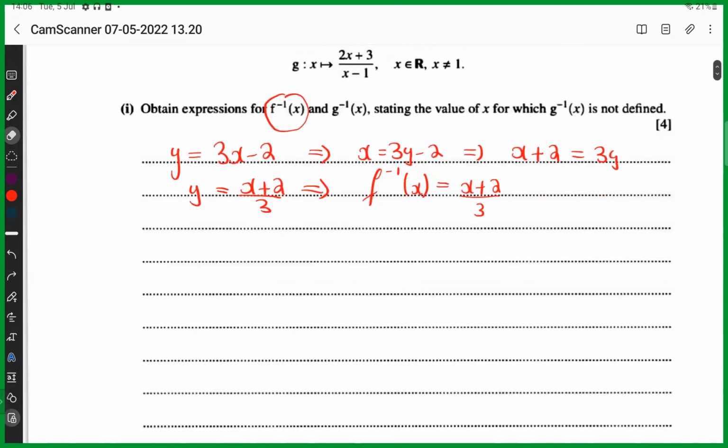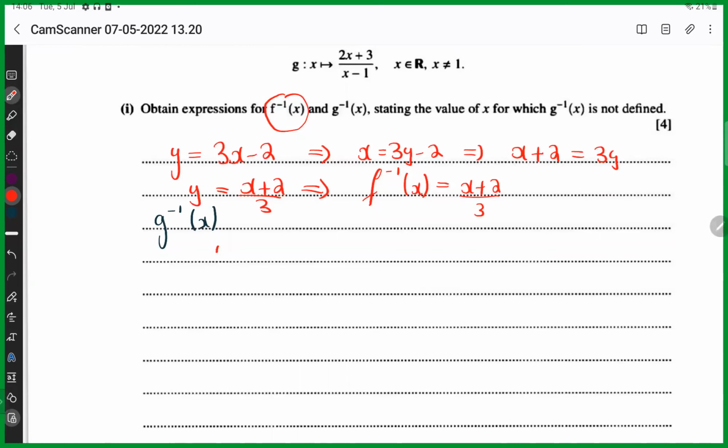Okay. Now for the second part, you have been asked to find g inverse of x. Now we are working for g inverse of x. Again, how do we do it? Just write down g of x as y.